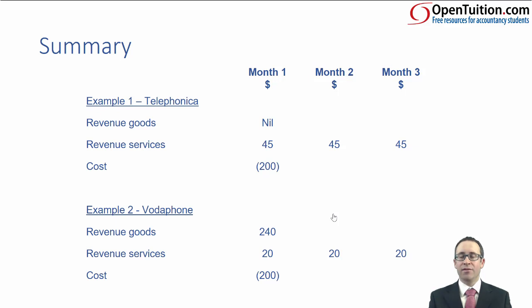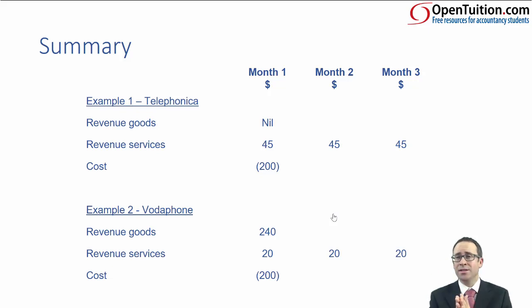I think what you'll find is that Telefonica have charged $45, so charging a little bit more, not just for the mobile handset, but maybe a little bit of interest on top. We're not worried about the interest, but that is what they have done. They've incorporated some additional interest into that monthly service figure. But overall, the revenues in total are going to be fairly similar.